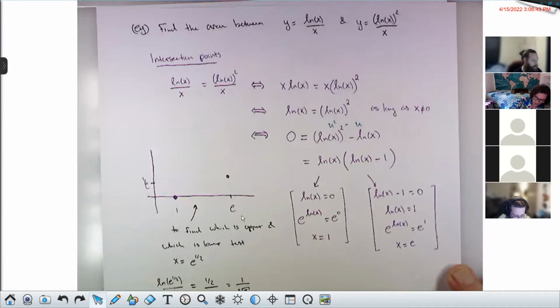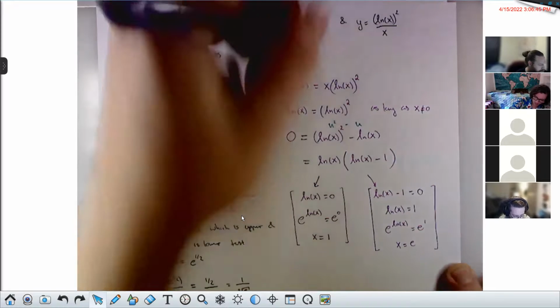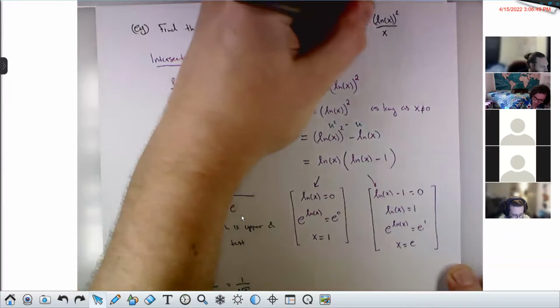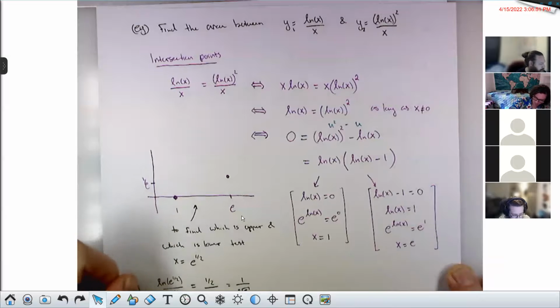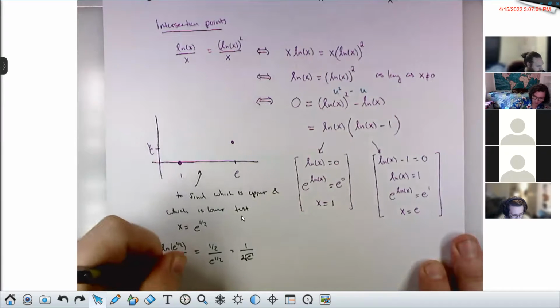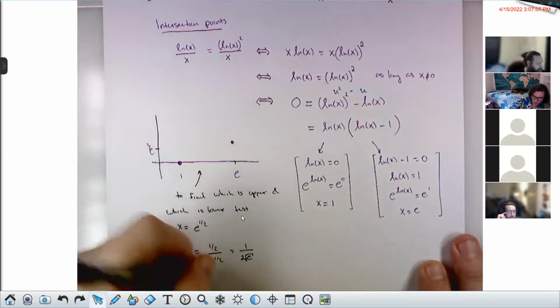Let me call these y1 and y2. Here's y1. And if I plug that same x value into y2, I get the natural log of e to the 1/2, all squared, divided by e to the 1/2.